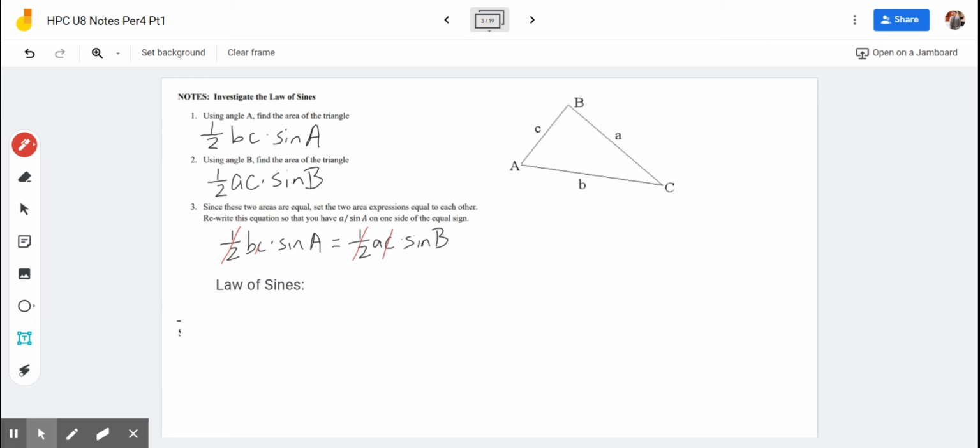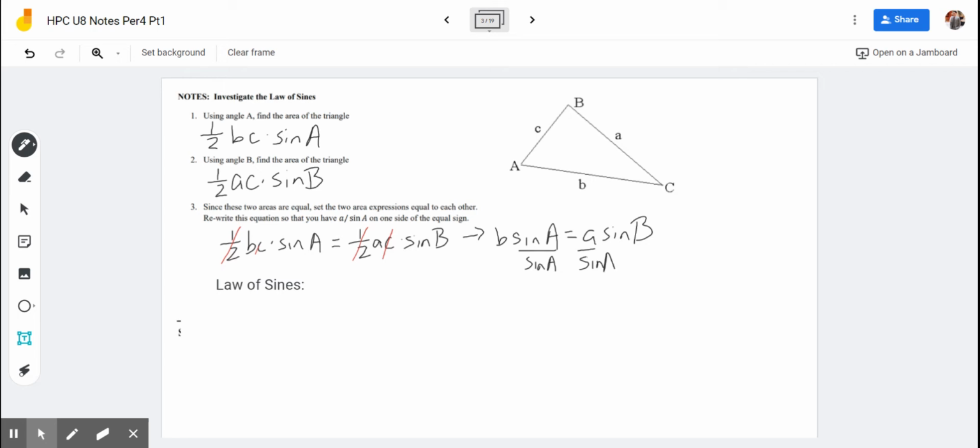Okay, so what we would do from here, we would have B sine A equals A sine B. So to get A over sine A, we would just divide this by sine of A here.